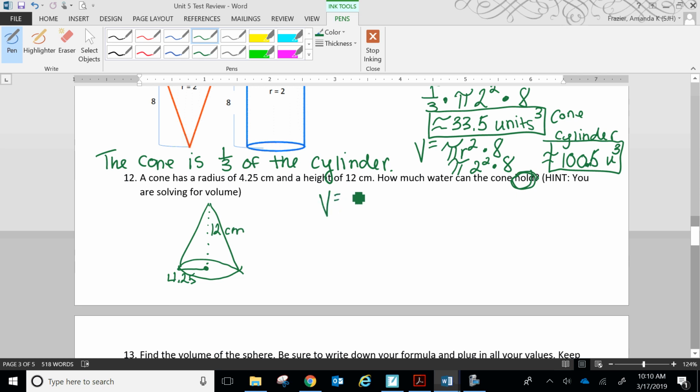Knowing my formula, 1/3 area of the base times height. We know the base of this is a circle, so I'm going to do pi r squared for my base. So 1/3 times pi times radius squared times height. I'll do 1/3 times pi times 4.25 squared times 12.